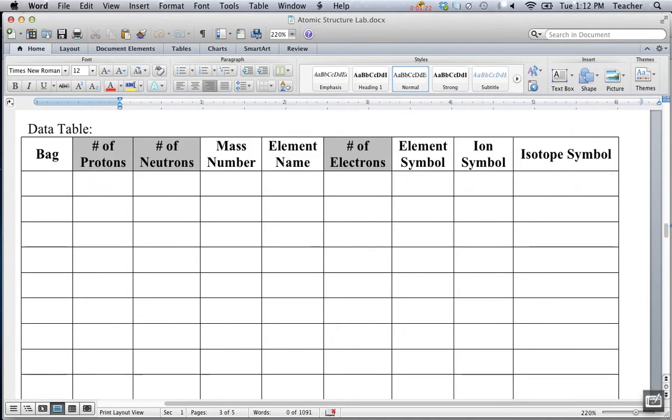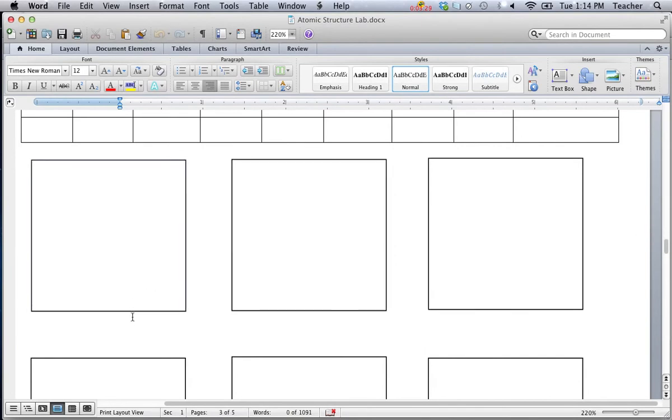After that, you will come further down to these boxes. In these boxes, you are going to draw a Bohr model for that element, that bag. Underneath the box, you're going to write the nuclear notation.